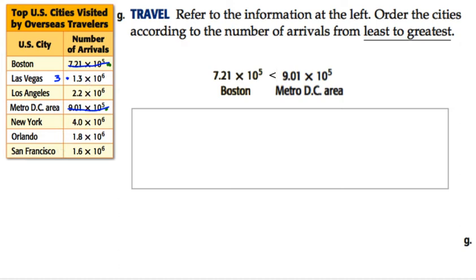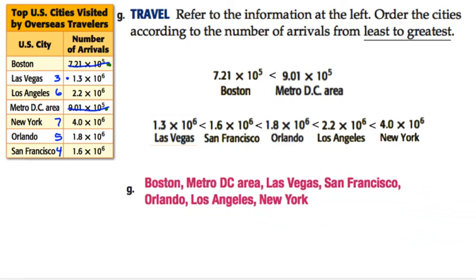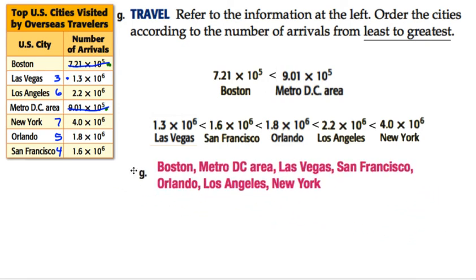It looks like San Francisco is the next one, 4th, and then Orlando is 5th, followed by LA and New York, right? So let's take a look. We should have them in that order. So we've got Vegas, then San Francisco, then Orlando, then LA, then New York. So Boston and Metro DC are smaller than those. So here is our answer. Hopefully we got those all right.